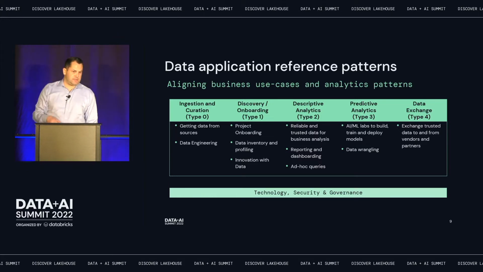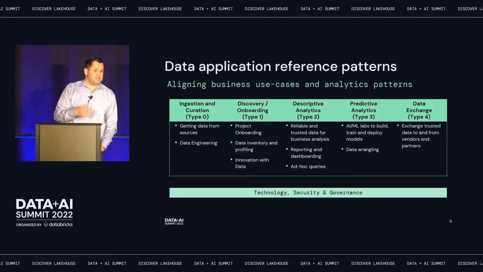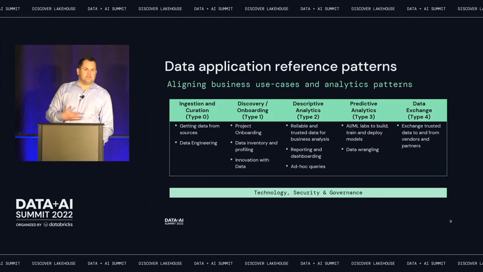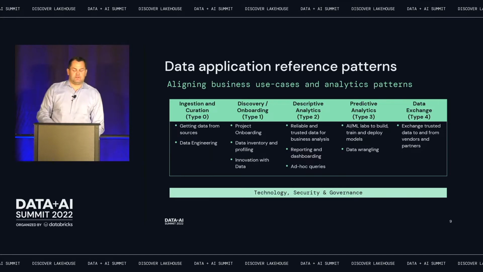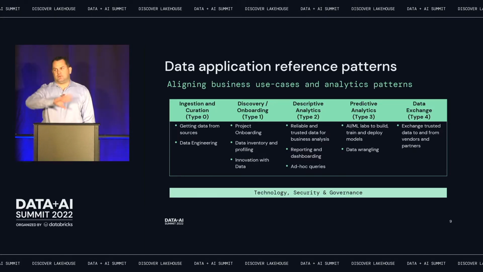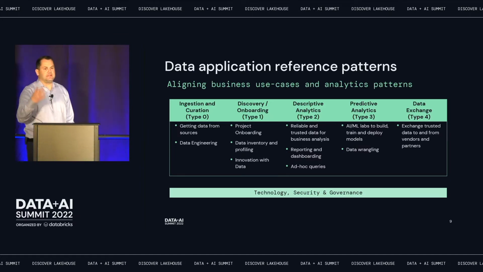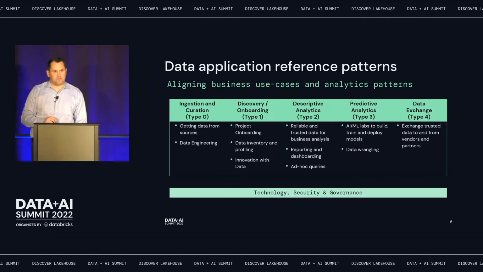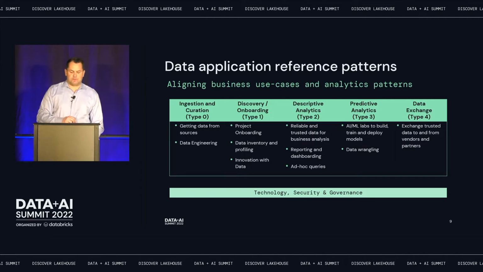So in manufacturing, we have a data application reference pattern for ingesting data in manufacturing. You know that there's a set of data sources that are common to that particular vertical. And then as you move to the right, what are the set of outcomes that we are enabling within that vertical as well? Those are going to be the building blocks and the evolution of the patterns.